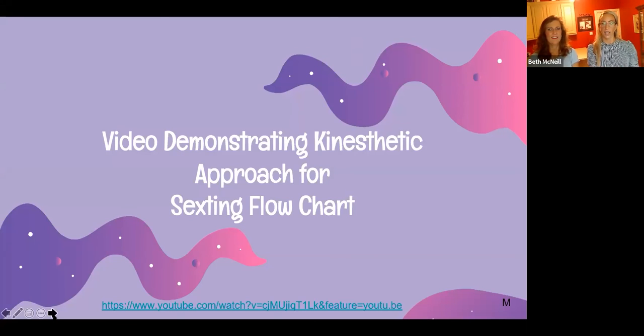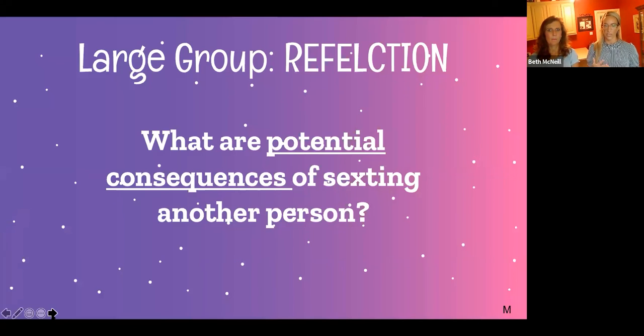Okay, so with the kinesthetic approach, what you did not see is some of the, believe it or not, outtakes. That was our best one, where within that sexting flow chart, one of the first times we ran through it, it ended up in a scenario where the person was in trouble at school, the police were involved, and so we know that sexting is a very real thing.